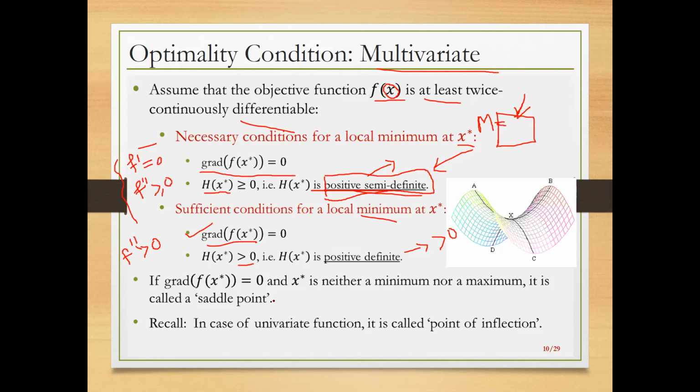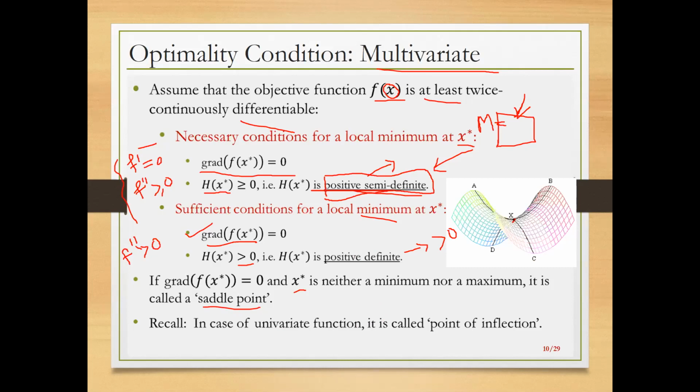Now, if I tell you the first derivative is equal to 0, at that point we cannot tell whether X star is a minimum or a maximum. So at that point, we say that it is known as a saddle point, okay? In the previous case, we called it a stationary point. In the vector case, we call it a saddle point. So this X over here is a saddle point because over here it's increasing, but over here it's decreasing.